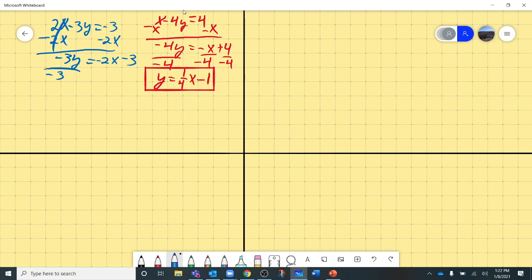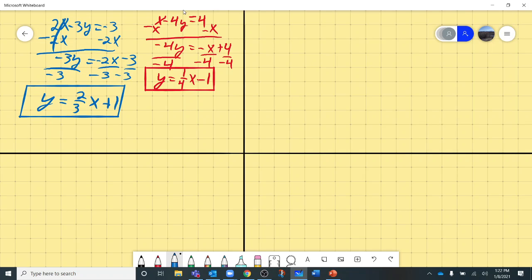Divide everything by negative 3. Y equals negative 2 divided by negative 3, positive 2 over 3. The negatives cancel each other out. Negative 3 divided by negative 3 becomes a plus 1. Okay, so there's our two equations, so we can graph this.